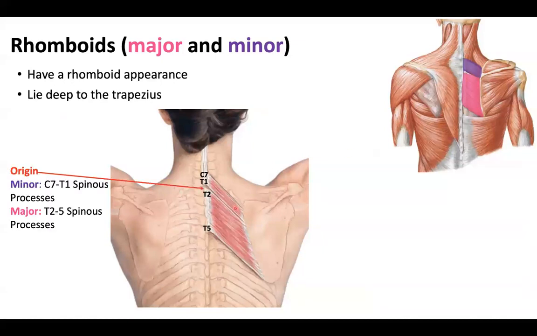Rhomboid minor originates from the spinous processes of C7 and T1, but rhomboid major originates from T2 up to T5. They are inserted into the medial border of the scapula.